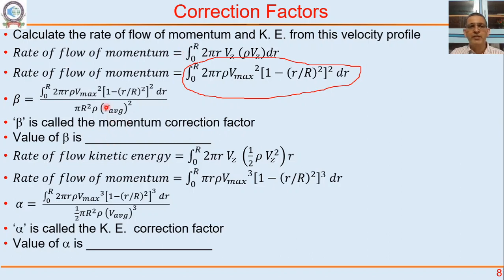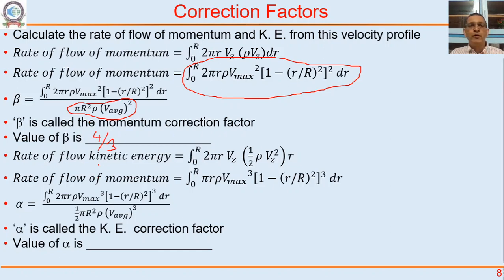So do this for yourself. Find out the value of beta. Pause the video. You will find that this value of beta is 4 by 3, 1.33. Actual rate of flow of momentum is 1.33 times what we would have got had we taken average velocity.